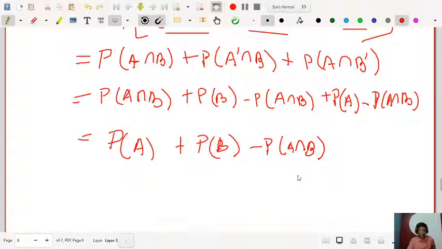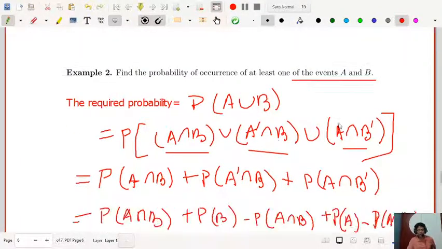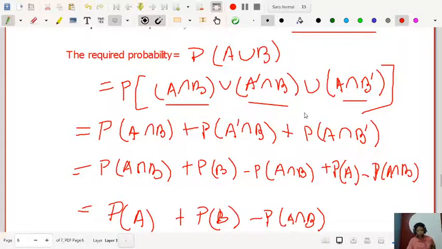This is the result. So this is nothing but at least one of the events A and B. This is another approach of doing that.